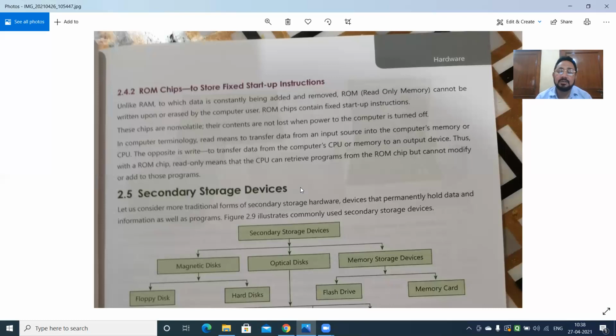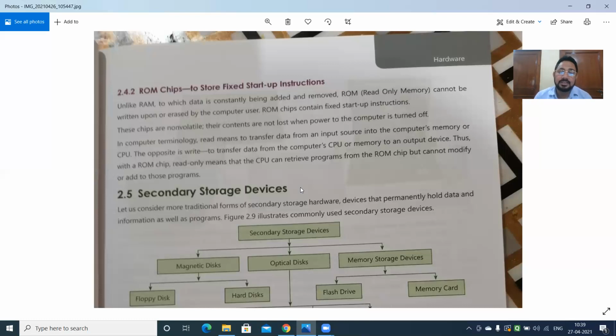Writing means when we write data in a computer system, whatever is there in the RAM, we are writing onto the hard disk. And reading, I'll explain, it's not written here: when some data is stored on the hard disk, and you take the data into RAM, and then you want to display or print whatever you want to do, that is also considered reading. And once you are writing from the RAM to the hard disk, it is known as writing data.